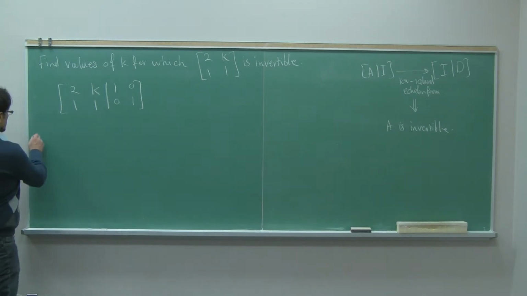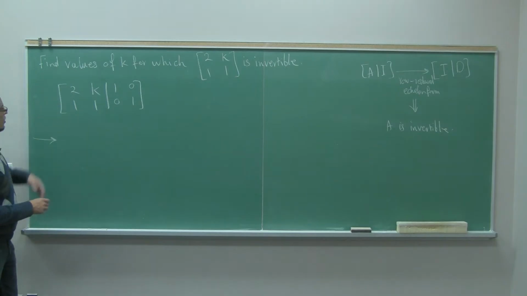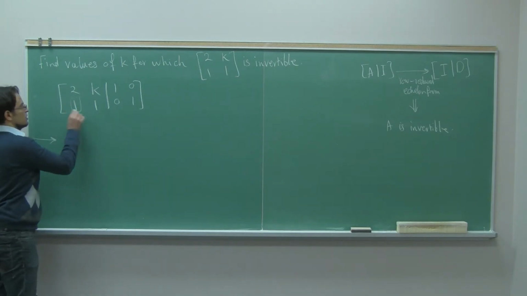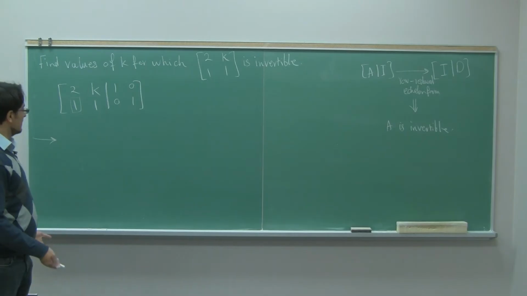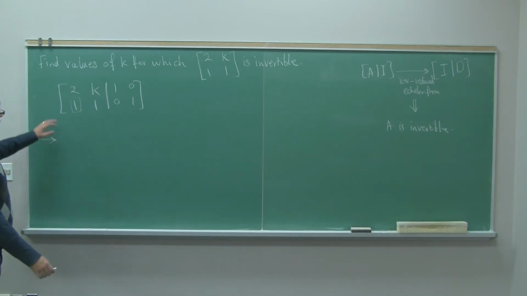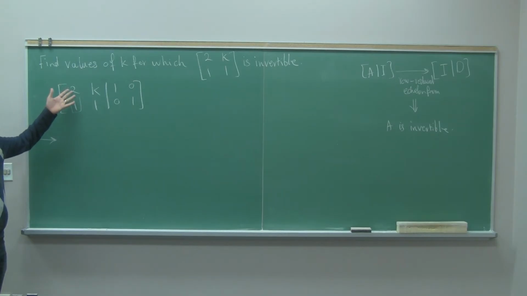OK, so I start from the first column. I can choose 2 to be my leading one. I have to then divide row 1 by 2, but that would give me fractions.